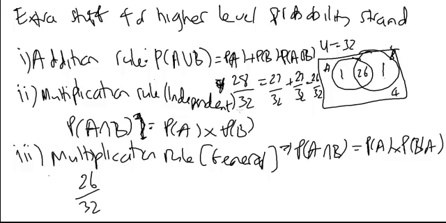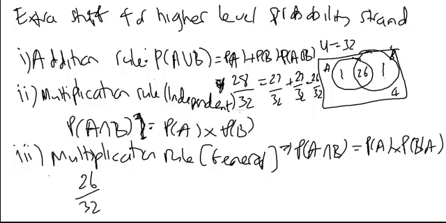But if I want to get this using our new rule, it says the probability of A multiplied by the probability of B given A.